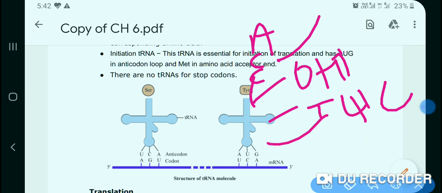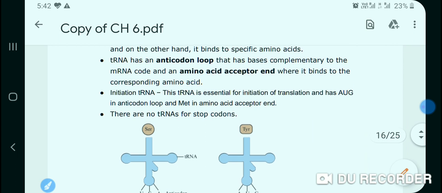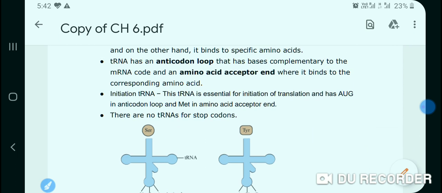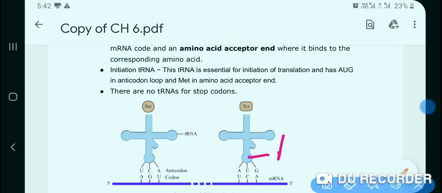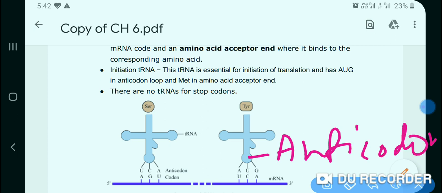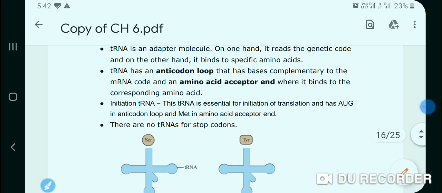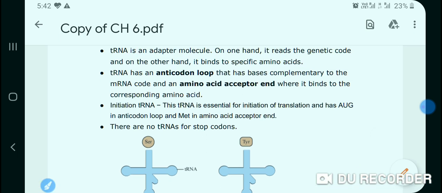Most important is the anticodon arm. Transfer RNA has an anticodon loop. This is the anticodon loop. The anticodon loop has bases complementary to the messenger RNA code.